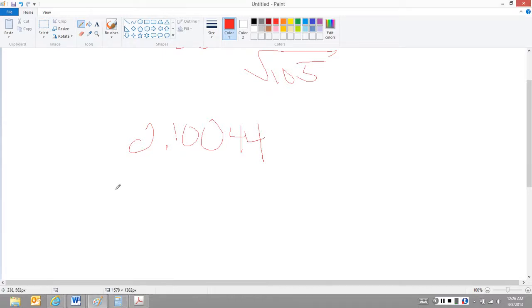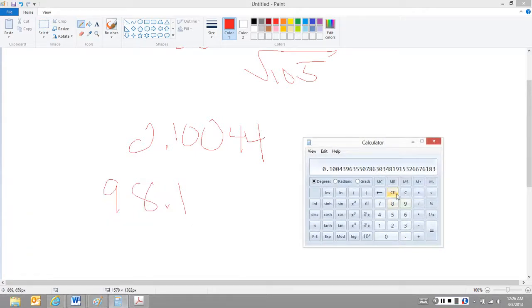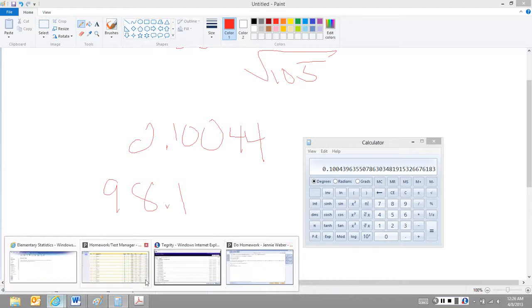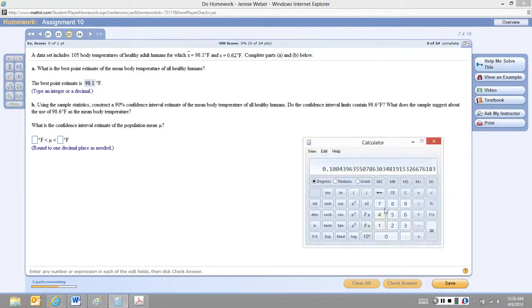And now we are going around 98.1. Remember, that was our x bar. So I'm going to keep this, and the bottom one is going to be 98.1 minus 0.10044.